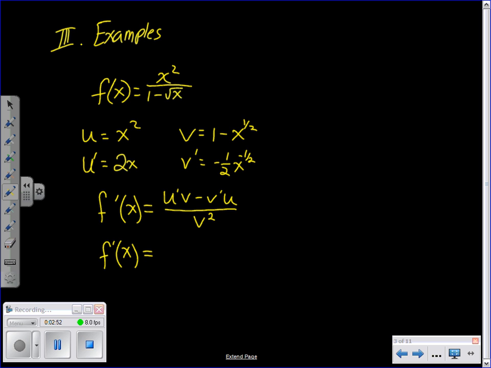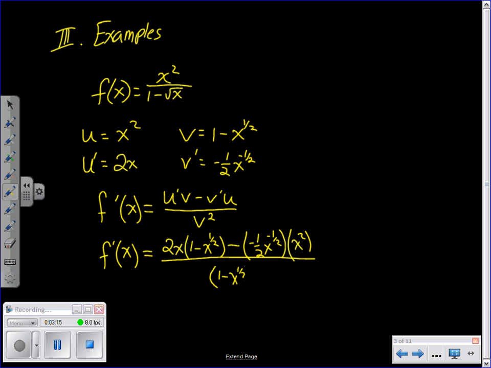So in this case, u prime is 2x, v is 1 minus x to the 1/2 power, minus v prime, which is negative 1/2 x to the negative 1/2 power, times, in this case I have u, which is just x squared. All of that has to be divided by v, which is 1 minus x to the 1/2 power, and I need to square that quantity, and that's my derivative.